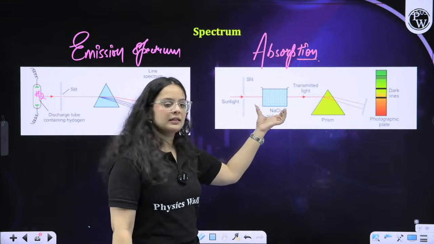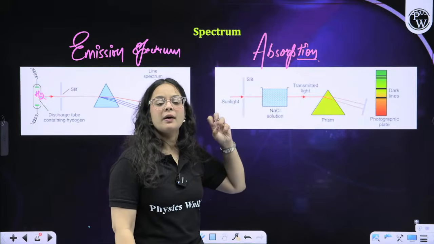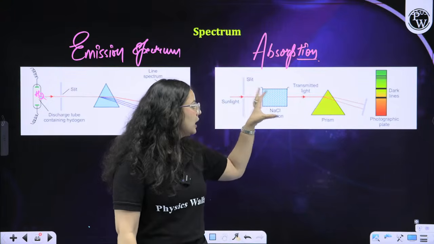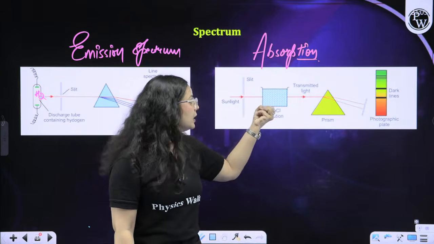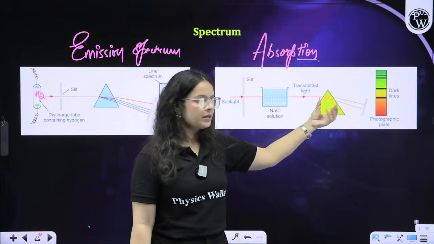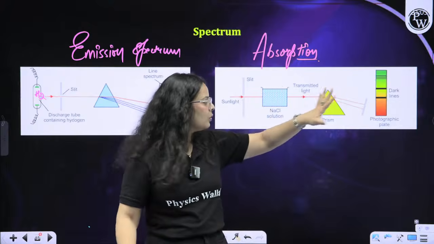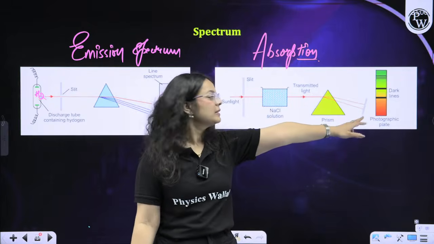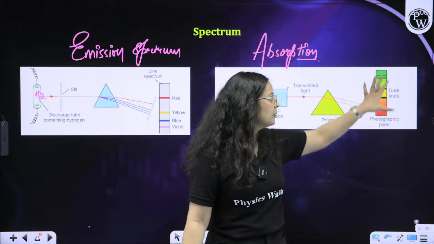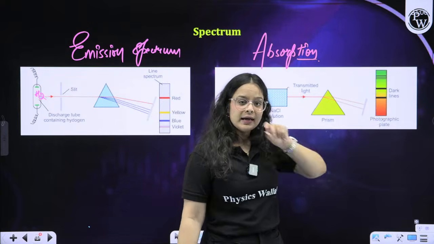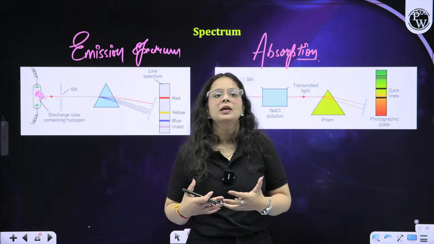Certain colors of the complete light are absorbed, and the remaining is transmitted to the prism. The prism separates them all out, and I get this type of spectrum. You can clearly see that over this VIBGYOR spectrum certain colors are missing in between.